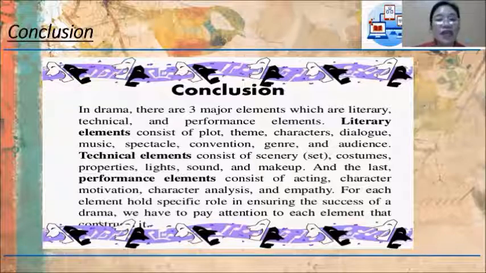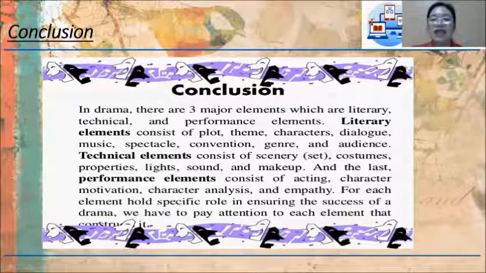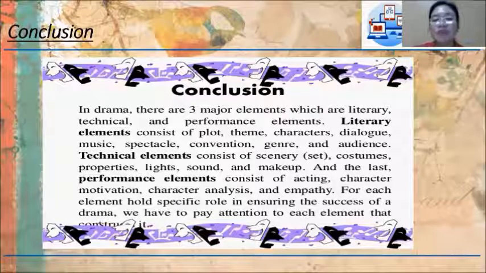Technical elements of drama consist of scenery or the set, the costumes, the properties, lights, sound, and makeup. And the performance elements consist of acting, character motivation, character analysis, and empathy. Each element holds a specific role in ensuring the success of a drama. We have to pay attention to each element that constructs it.